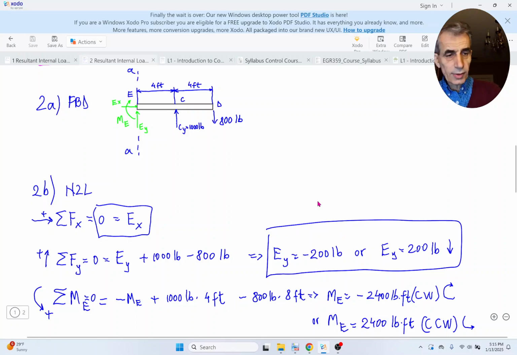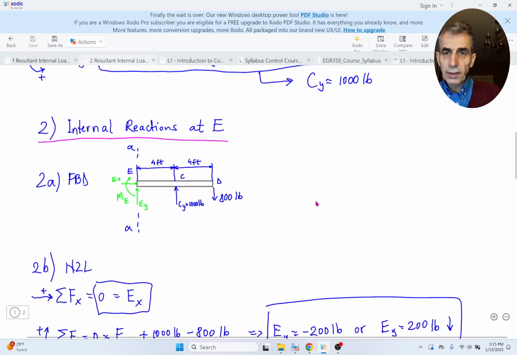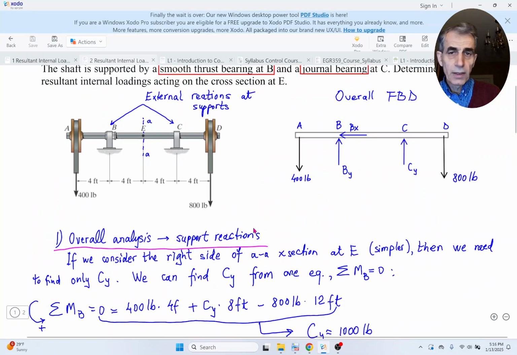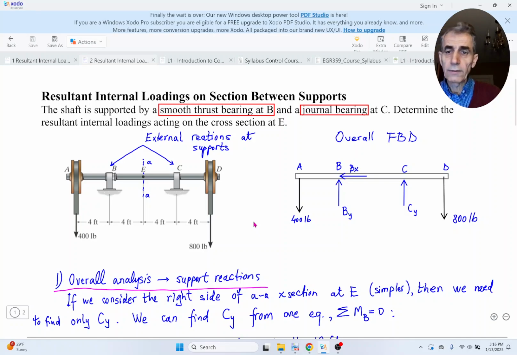I hope this is also clear. It is a little bit more work, almost double the work, if we compare with the previous problem where we had a free end, and we could have used that to simplify the work.